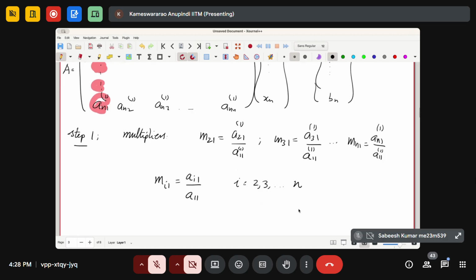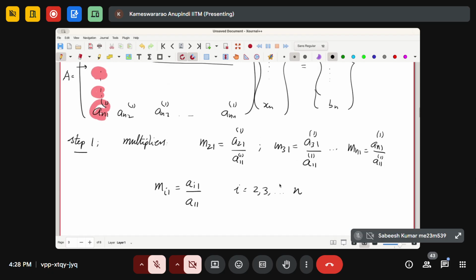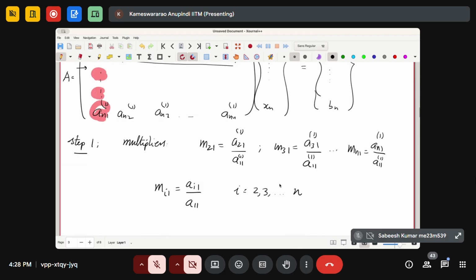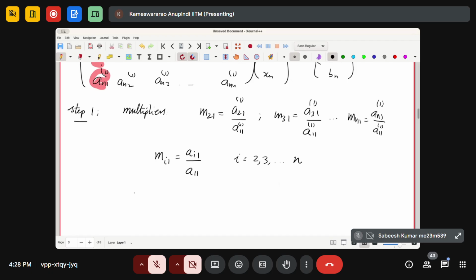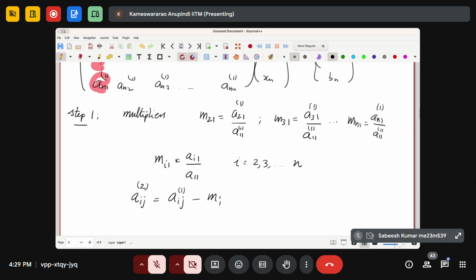Once I perform an operation on, let us say, aij, for the next step, that is the second step, it is going to be aij for the first step minus mi1 times a1j.